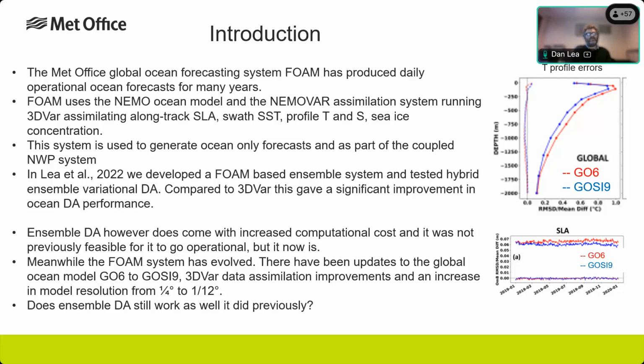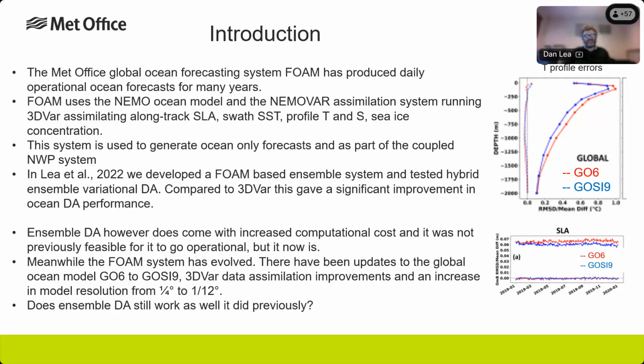We did some work on ensemble DA before, and we have a paper, Lea et al. 2022, where we developed a FOAM-based ensemble system and tested hybrid ensemble variational data assimilation. We found that compared to 3D-Var, this gave a significant improvement in the ocean DA performance. The problem was that ensemble DA comes with a big cost requirement.